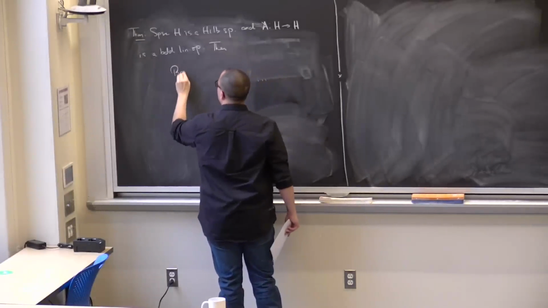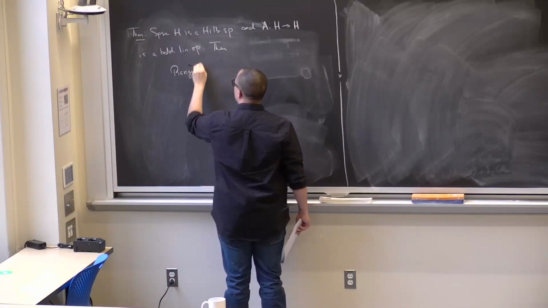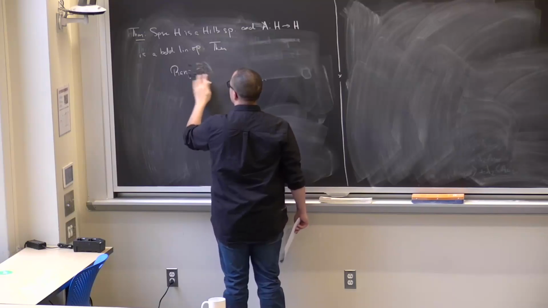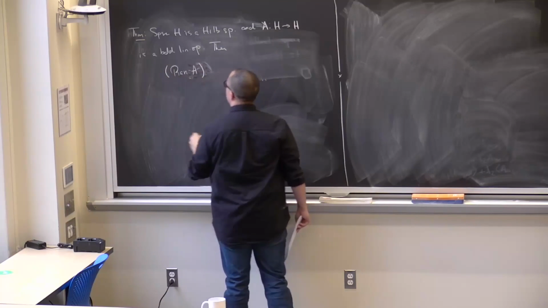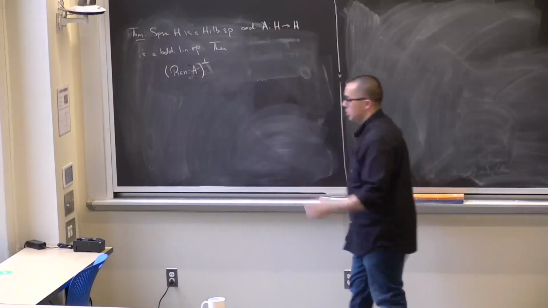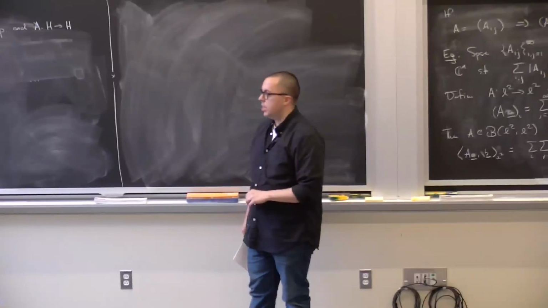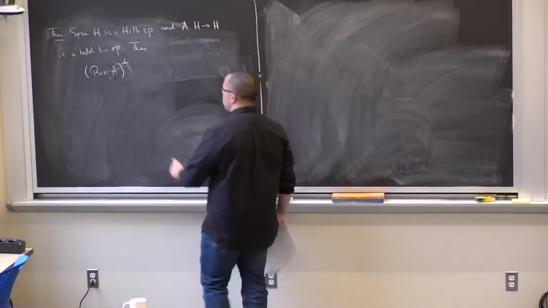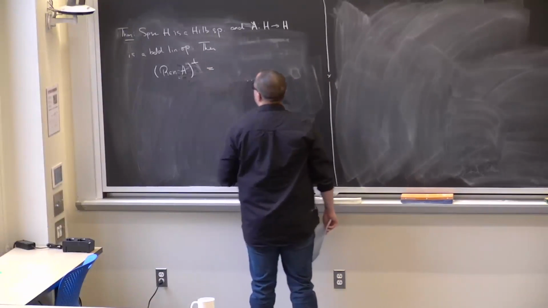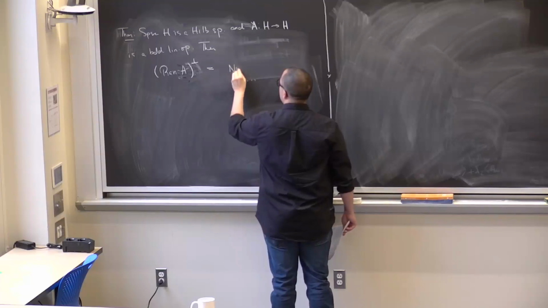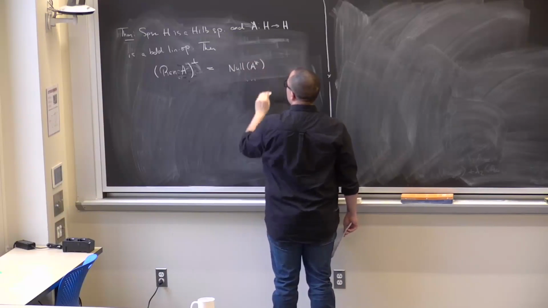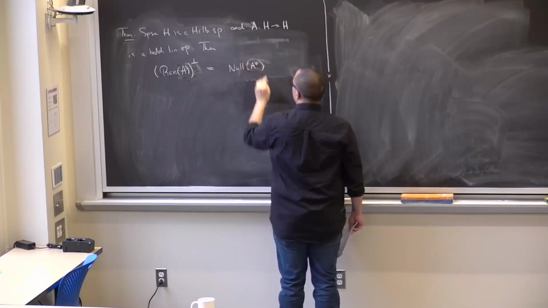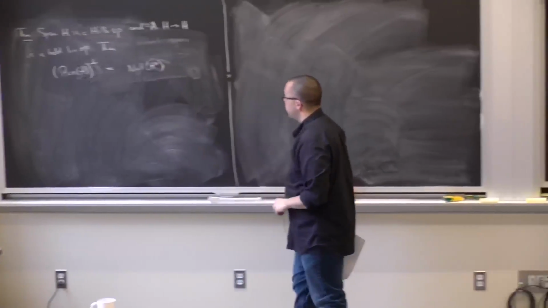Then the orthogonal complement of the range of A — the range you can show is a subspace of H, in fact I think that was in one of the earlier assignments — is equal to the null space of the adjoint. Okay?